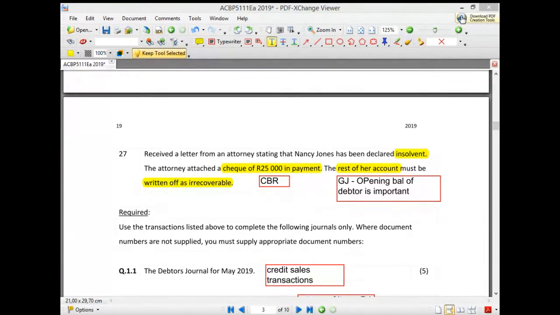What else do we need to look for during the month to adjust that opening balance with? Okay, I'm going to scroll up and then you guys can take that information to see, is there anything that you can see on the screen that might potentially affect Nancy's balance? So what has Nancy done during the month?